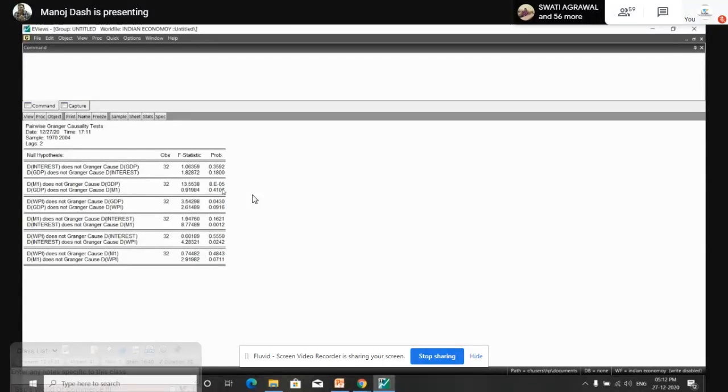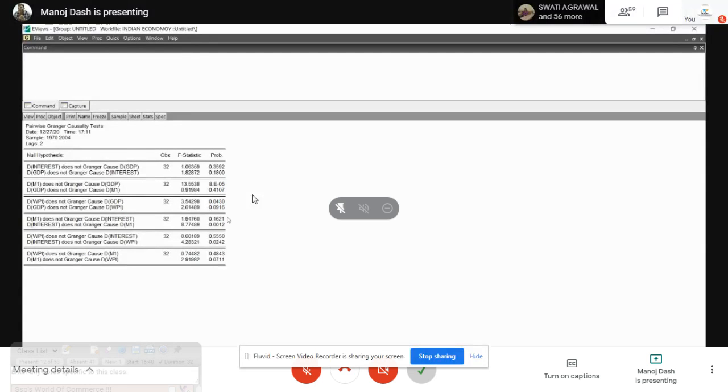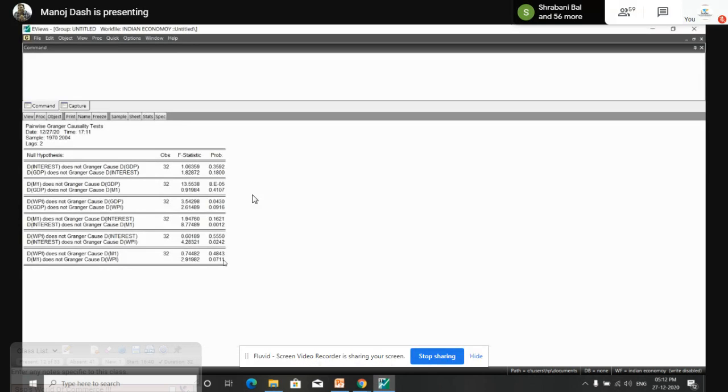So out of all the models, only 1, 2, 3, 4, and 5 have significance. Conclude that yes, money supply causes GDP. The null hypothesis is rejected.